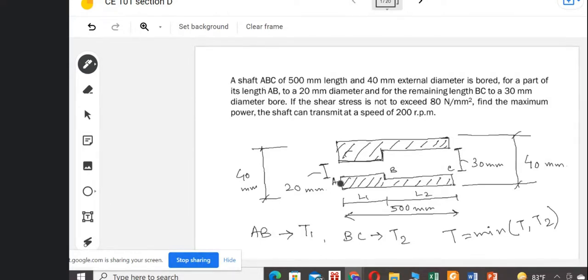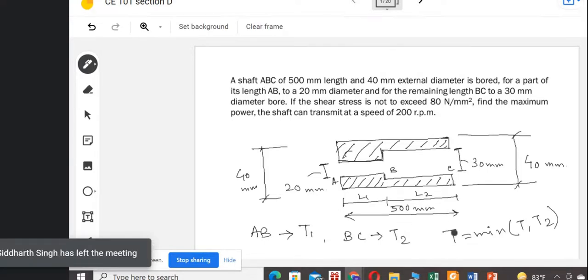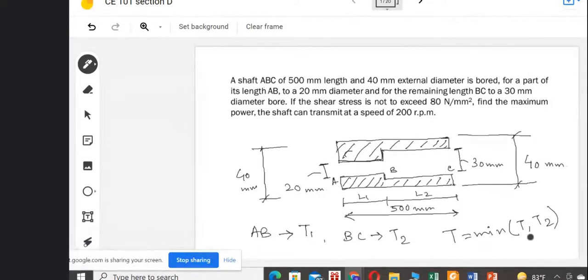So these are the things which we need to apply for this sort of case. The first point was, individually we will find the torques applied in the individual sections. Then we will find how much the strength of the section is, that will be the minimum of the two things, T1 and T2.